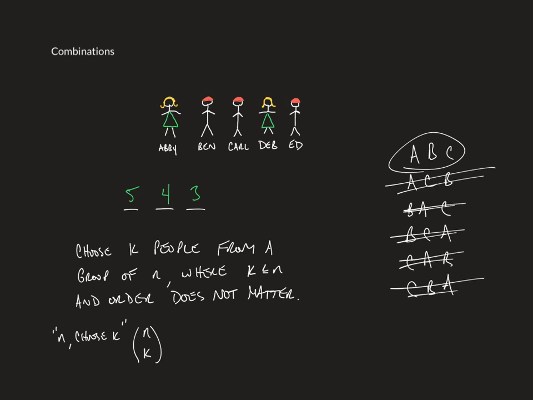And if I want to calculate this, I can still do what I have been doing, and I can still do n factorial divided by n minus k factorial, just like we did in the last example. But now we have to be careful and add one more component to this. Because remember, in the past with permutations, these 6 all counted.